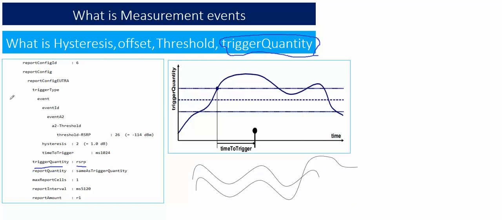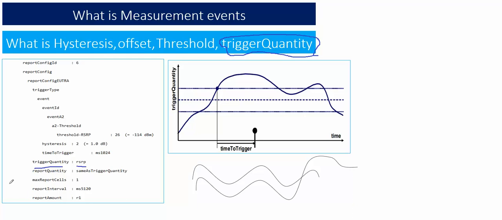If we need handover, it takes the decision on the basis of this measurement event.